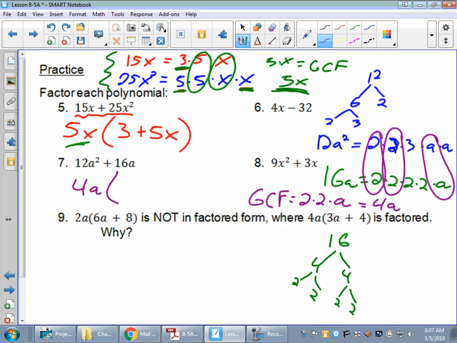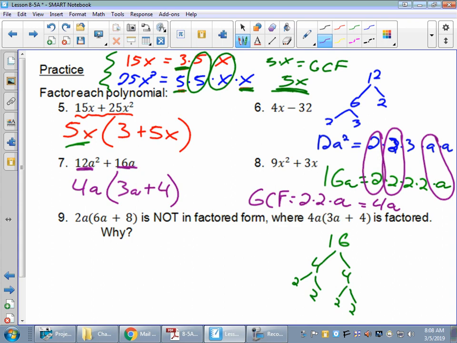So 4a is the GCF, goes on the outside. Now we divide into these terms, do some division to figure that out. And you'd get 3a here. And then we divide into the 16a, and you'd get a 4. Now let's double check that over here, because we had our GCF on the outside.